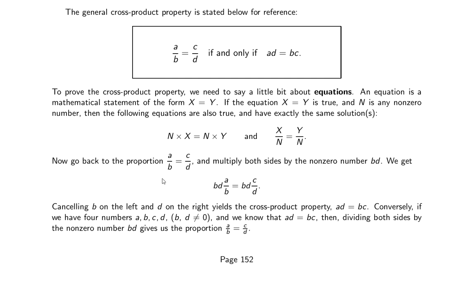Equations just say that the left side is equal to the right side with the equality symbol. The rules for dealing with equations: you're allowed to multiply both sides by the same number, so starting with something true, you keep something true, or divide both sides by the same number, and you'll get another true equation. So that's why it works. Just remember, to check a proportion is true, work out the cross products and check that they're equal.